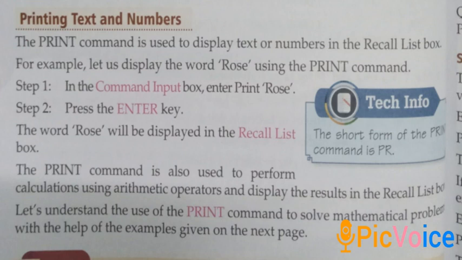The print command is also used to perform calculations using arithmetic operators and display the result in the recall list box. Let's understand the use of the print command to solve mathematical problems with the help of the examples given on the next page.